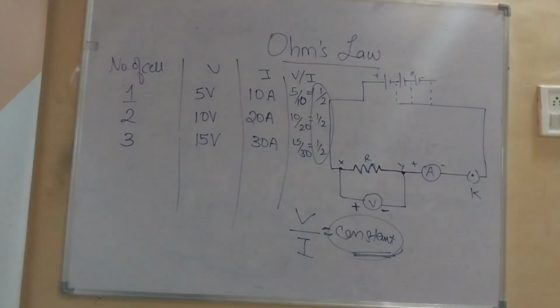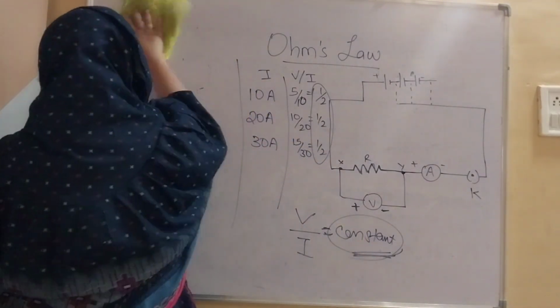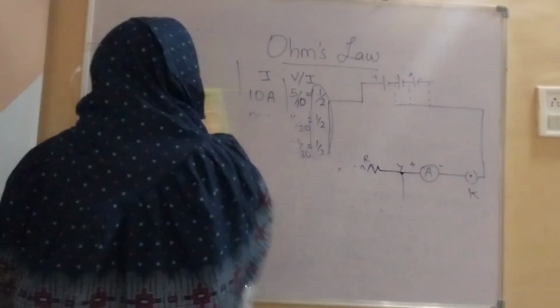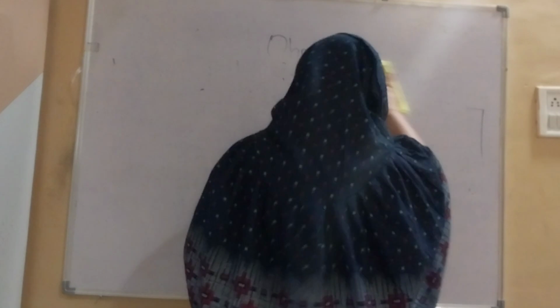Following this, in 1827, a German scientist, George Simon Ohm, he gave a relationship between potential difference and current.